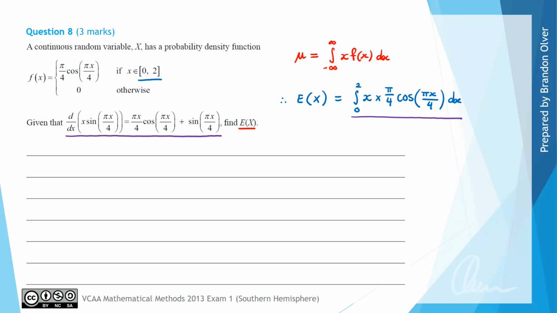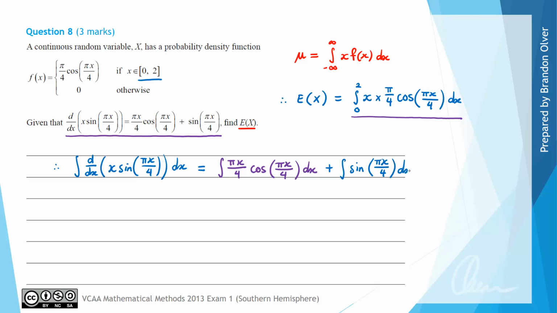If this is an equivalent statement, we can integrate both sides, so we'd end up with the integral of the derivative d dx of x times sine of pi x over 4 dx, and on the right hand side this is going to equal the integral of pi x over 4 times cos of pi x over 4 with respect to x, plus the integral of sine of pi x over 4 with respect to x.